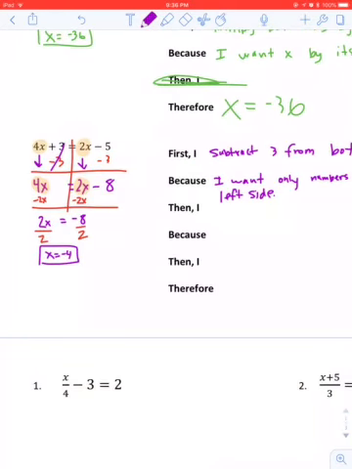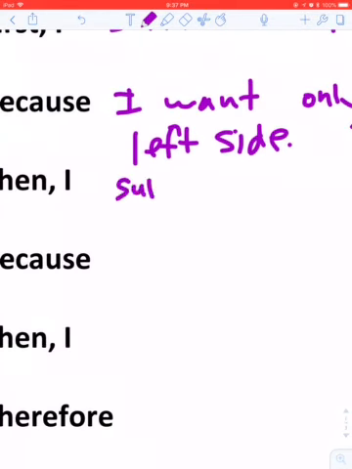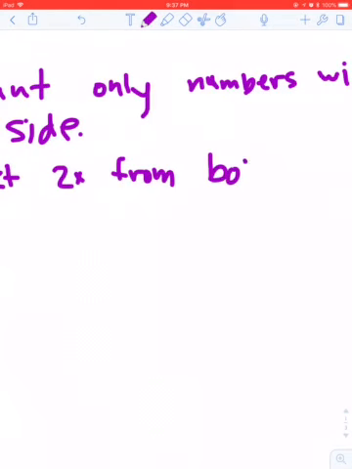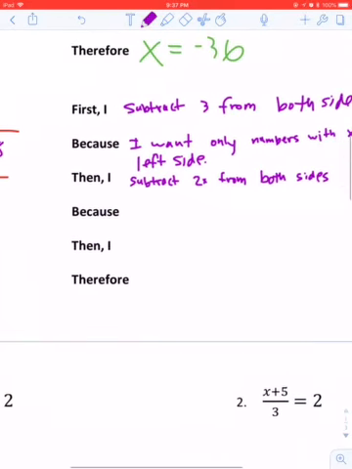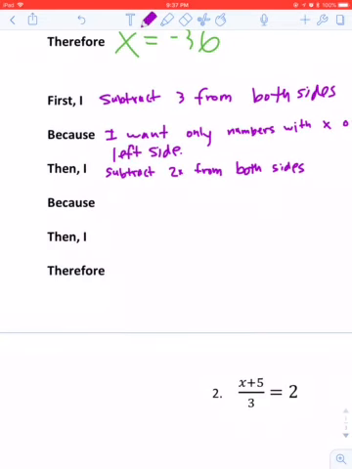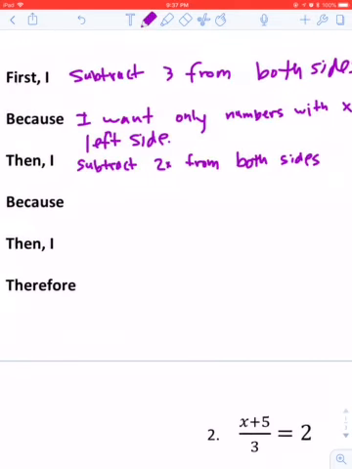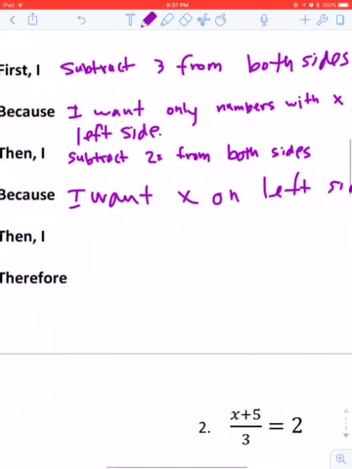Okay, next thing I did, I minus 2x from both sides. Then I subtract 2x from both sides. Okay, because, and you know, you can just say the same reason you said for the top one. Because I want x on left side. And I'm getting a little vague here, which is okay. As long as you understand what you're doing.